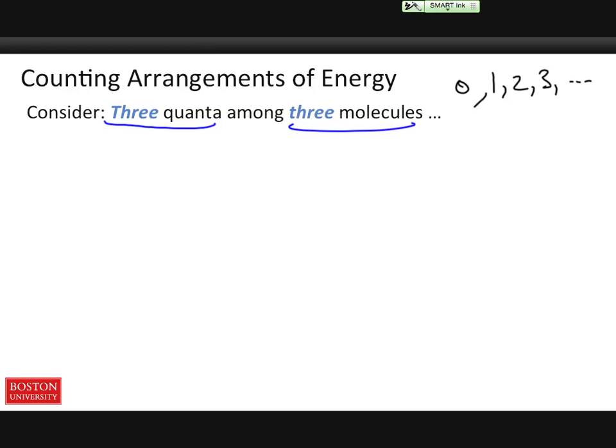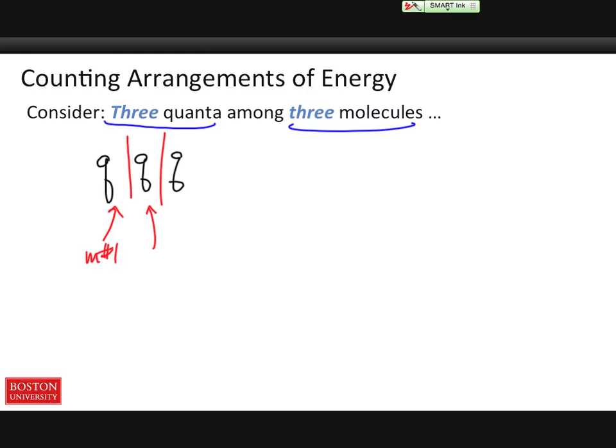It could have 0 quanta. So how would we write this? Well, what I would do is, let's start with my 3 quanta. I'll just use Q. And I'll use a nice red vertical line for separating them. So here, this might be molecule number 1. This one's number 2. And this one's number 3. That's one possible arrangement.